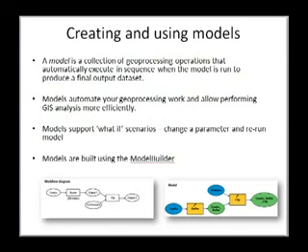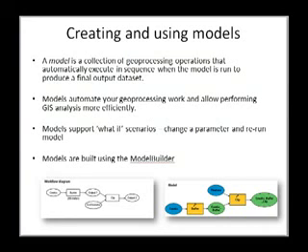In ArcGIS, we can combine geoprocessing tools into a model that allows us to automate these geoprocessing and workflows. So a model is a collection of geoprocessing operations that automatically execute in sequence when the model is run to produce a final output data set.